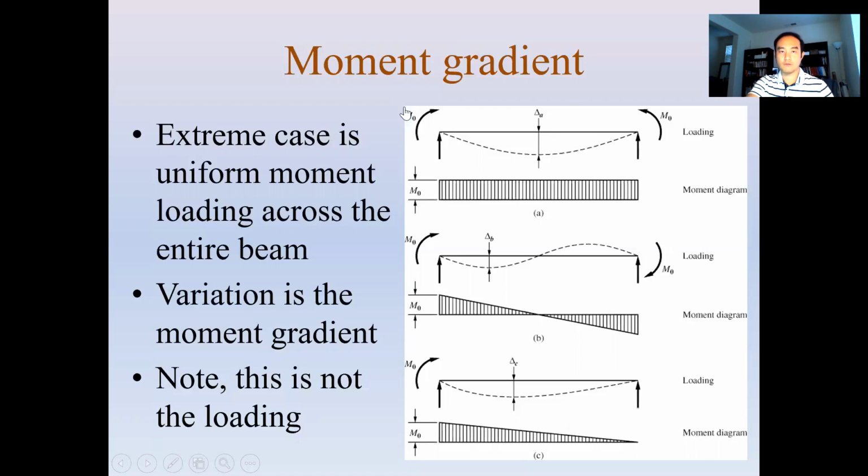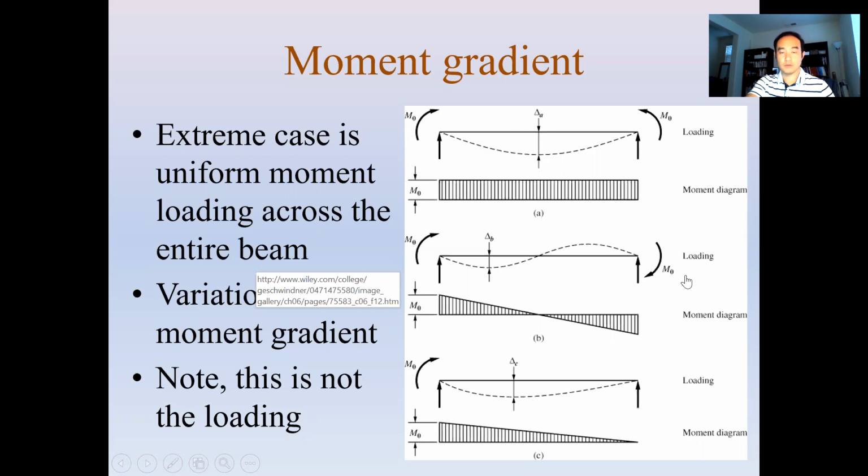Here we have two end moments, M naught, one clockwise, the other counterclockwise, so that we have a consistent level of M naught, the maximum moment, all along the length of the beam. This is another case, the same magnitude of the moments, but both clockwise.